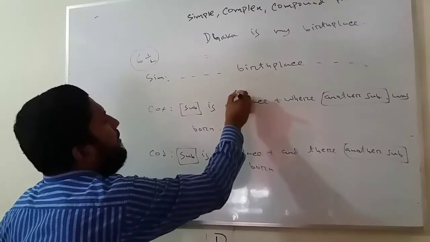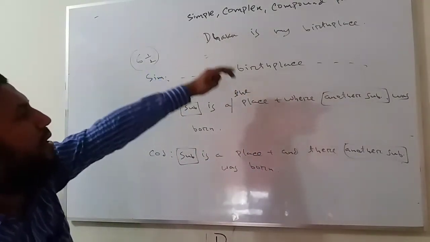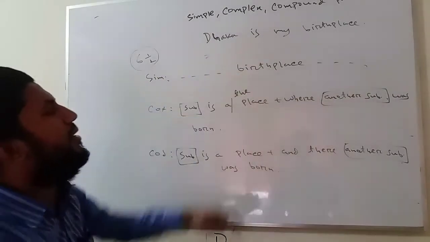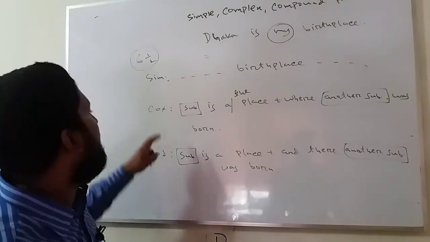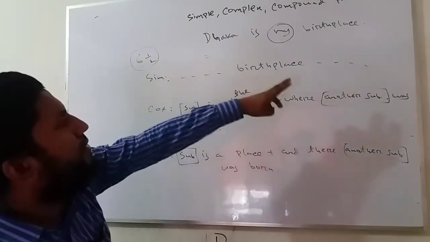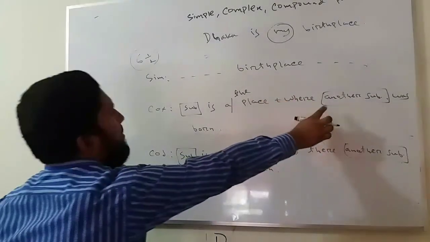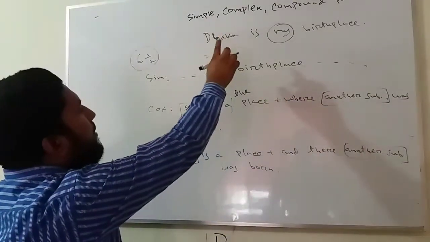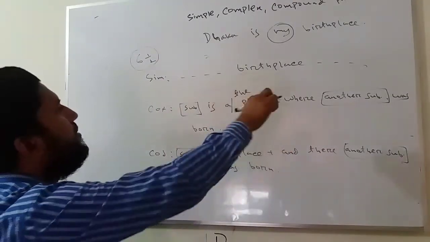Dhaka is the place, or Dhaka is a place where another subject here. My is the possessive form, but for doing complex, we will have to convert my into I. This is the other subject of this sentence. So the answer is Dhaka is the place where I was born.